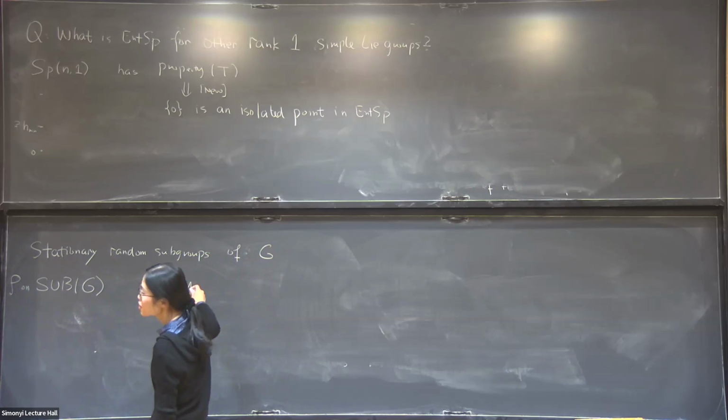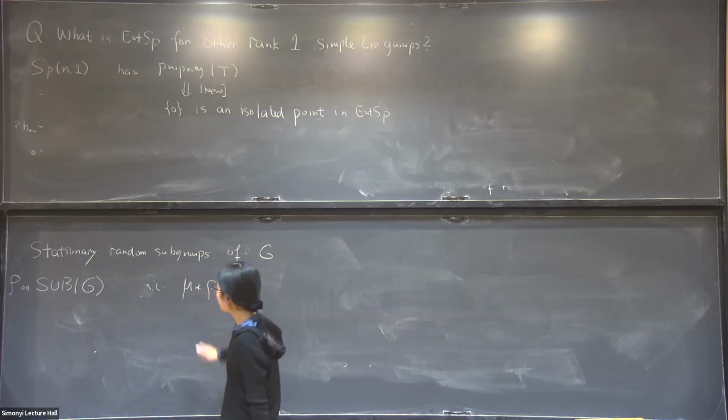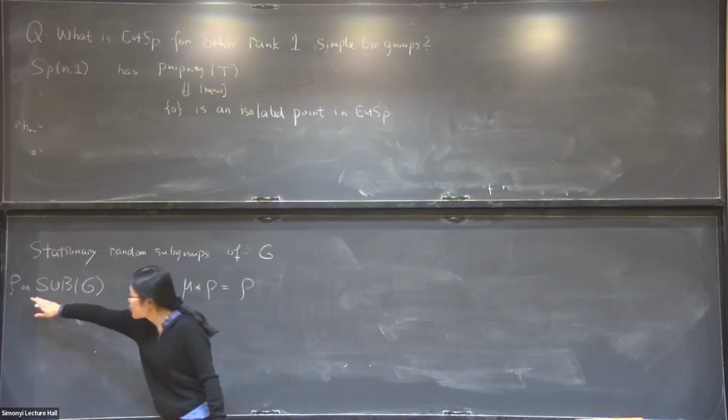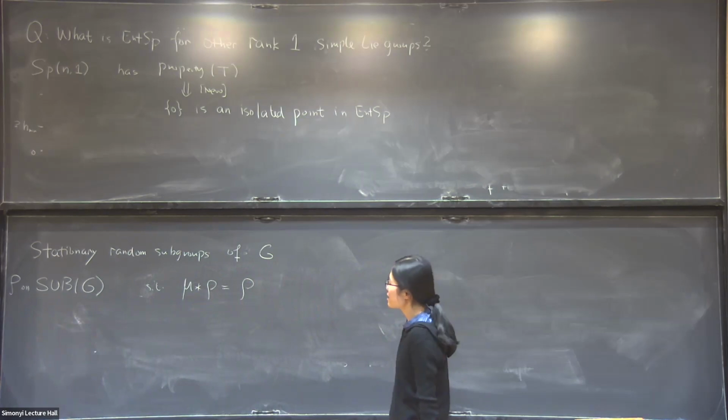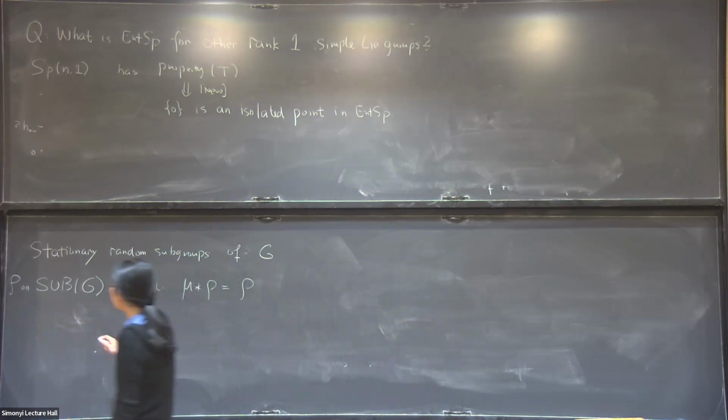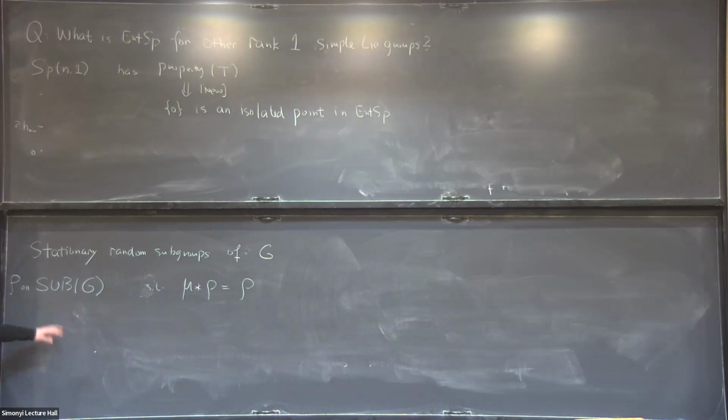So you have fixed your measure mu. Subgroups sampled from this kind of distribution are called stationary random subgroups. So it's necessary to consider these stationary ones instead of invariant ones, simply because you don't have a supply of invariant ones.